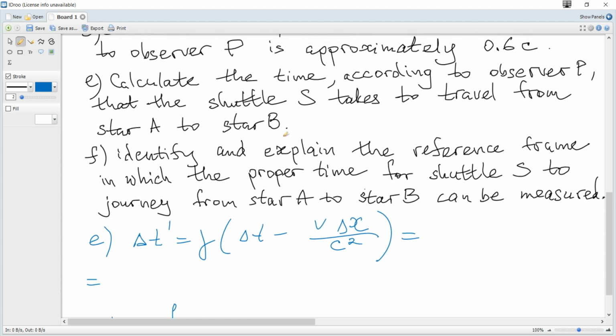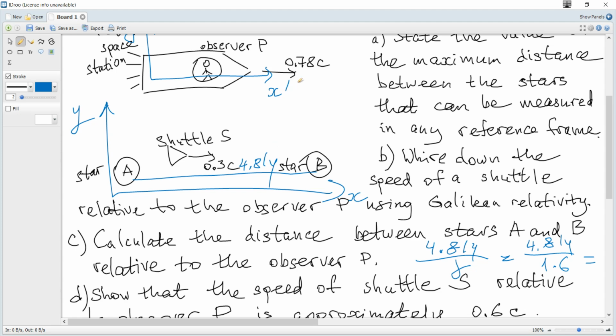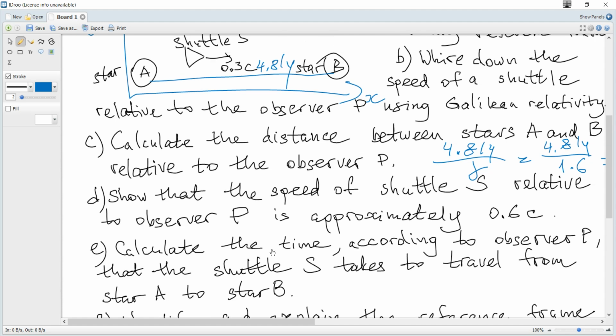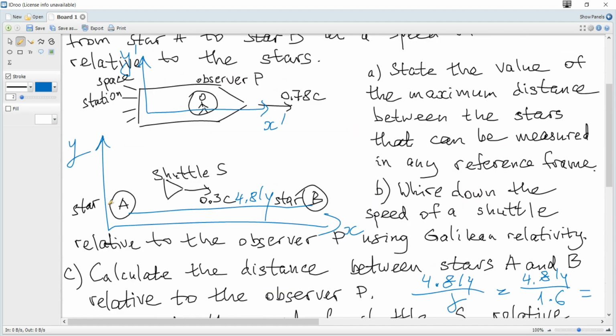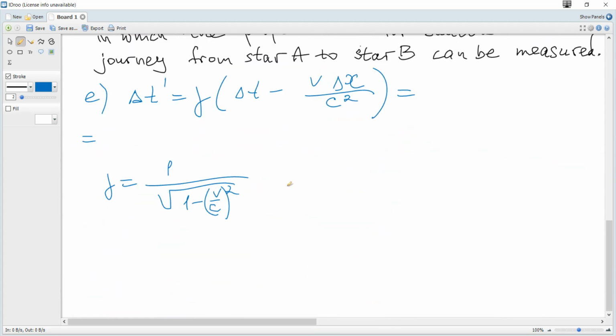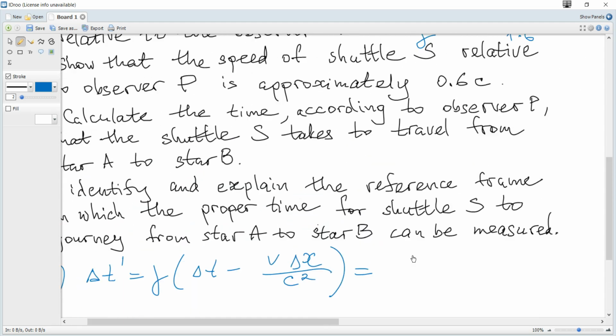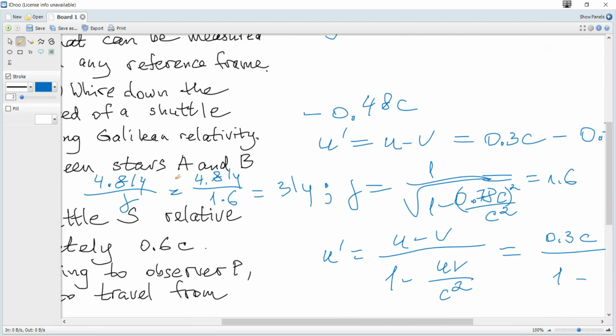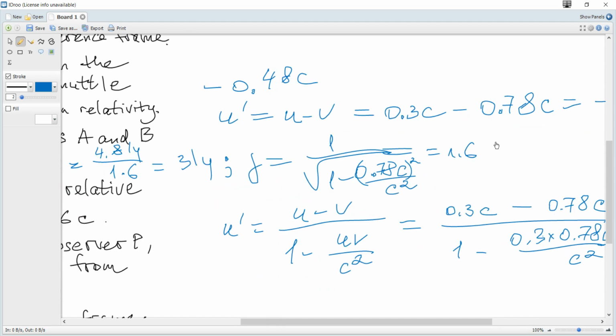For v it is 0.78, because the not primed frame is a reference frame relative to stars, where stars are stationary, and we consider a primed reference frame to be this moving space station and also moving observer with speed 0.78. So here we should consider v to be 0.78, and it will be the same factor 1.6.